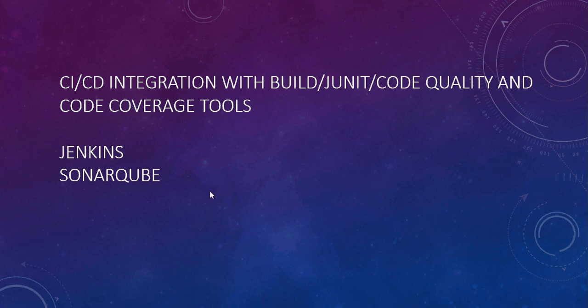Then Jenkins you can use as a CI/CD tool, where you can define your pipeline function, and you are going to automate all these processes from pulling the code from the repository to publishing the artifacts to the higher environment. That you can do from Jenkins.